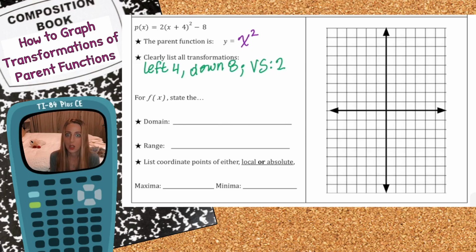Okay, so let's go ahead and put in our little crosshair where our graph is moving. So we got to go left 4, 1, 2, 3, 4, down 8, 2, 4, 6, 8.